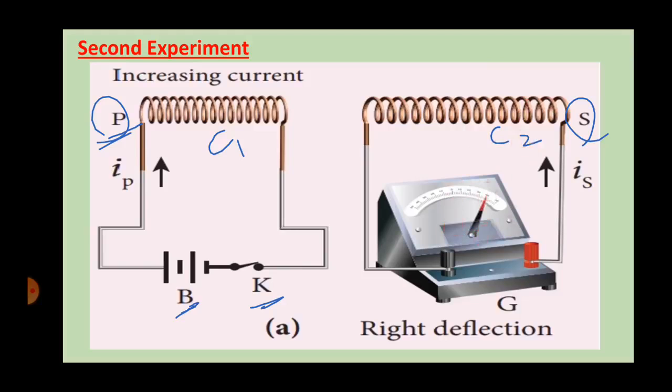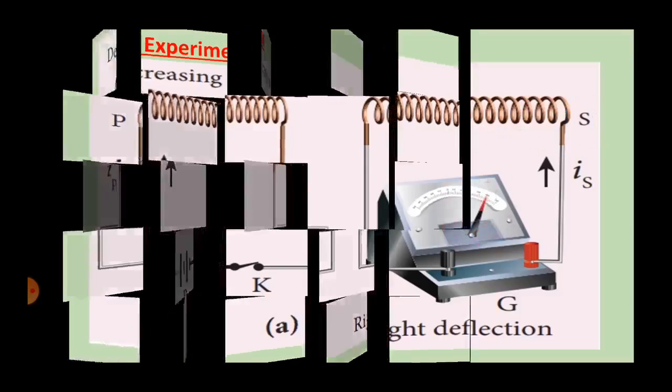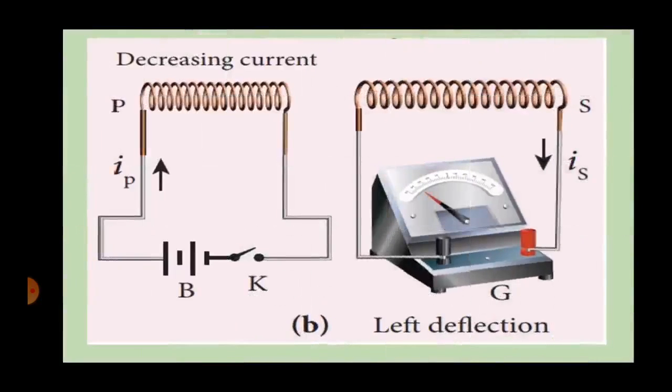Understand, students? Okay. Then suppose on releasing the key, the galvanometer shows deflection in the opposite direction.